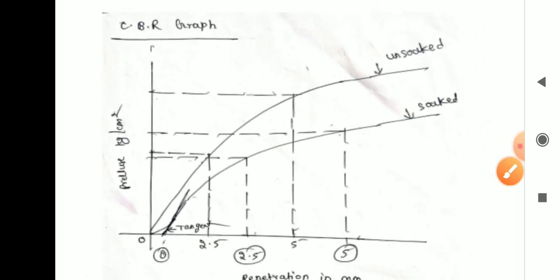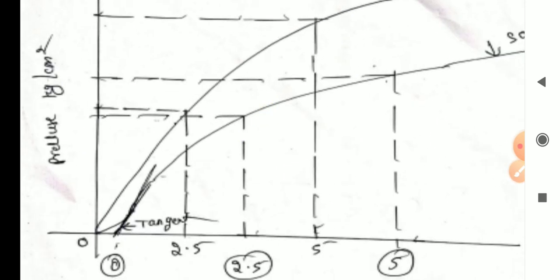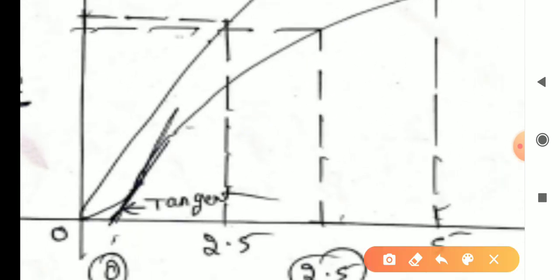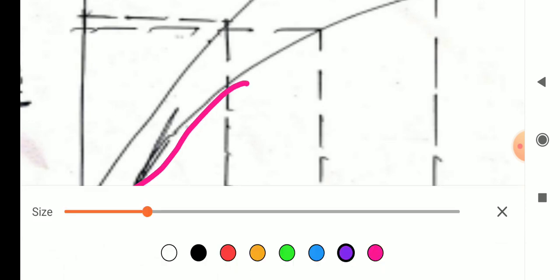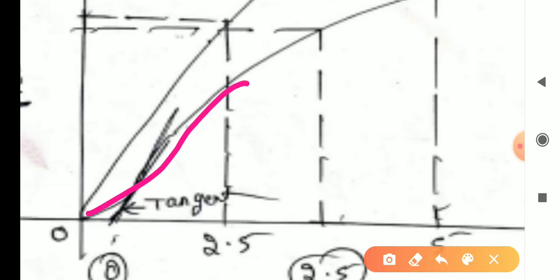Now coming to the graph: the unsoaked graph and the soaked graph. In unsoaked we don't need any corrections, but in soaked the curve goes like this, so we use a correction factor and have to draw a tangent.